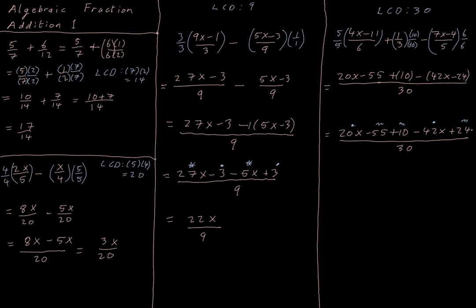So we add up all of our units, add up all of our x's, because we are now comparing like with like. We've now got 30ths for everything, and we get minus 22x, and we don't end up with any common factor this time. So that is what we need for now.